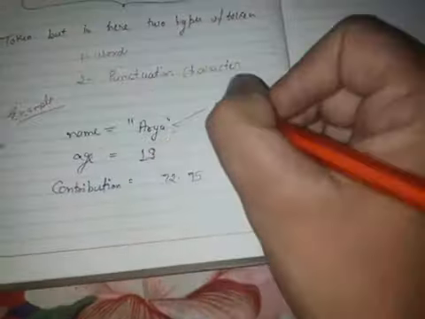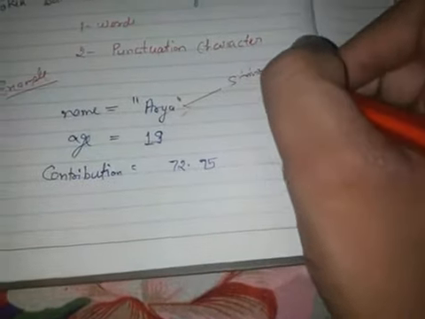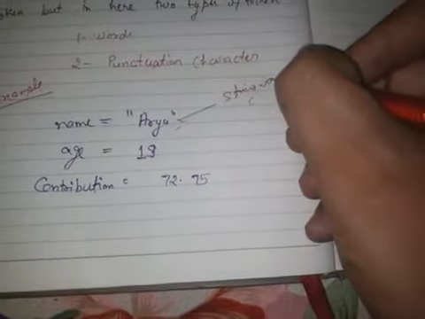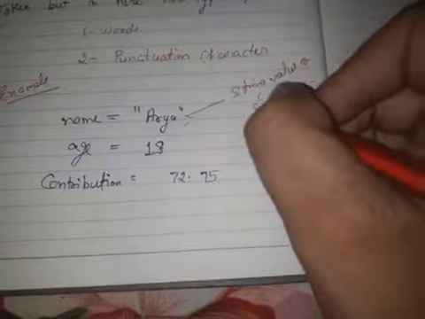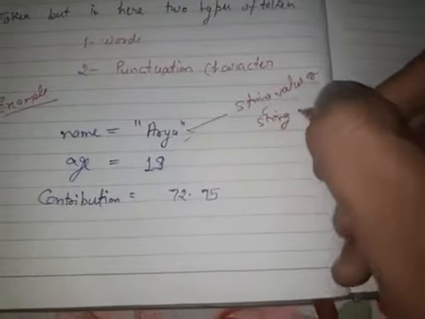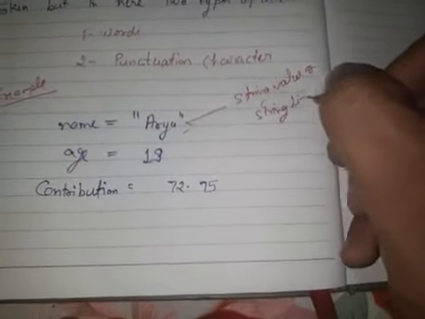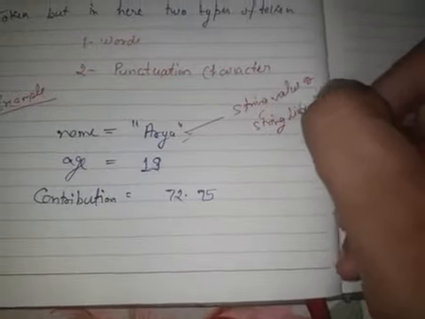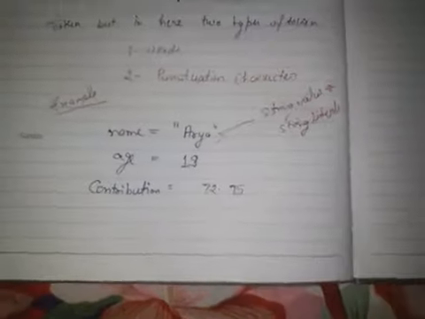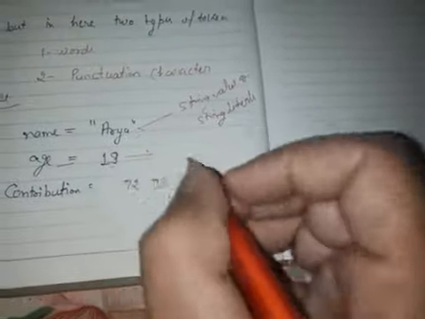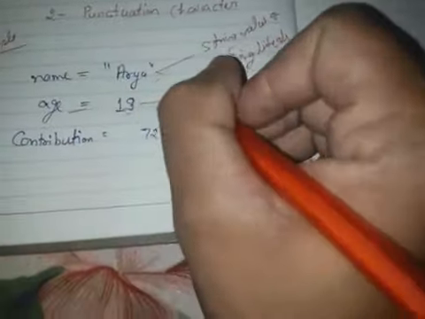So here arya is a string value or string literal. We also know that a value is also known as a literal. The second, age, is a number, and this is an integer value.